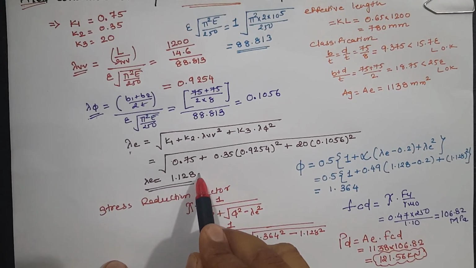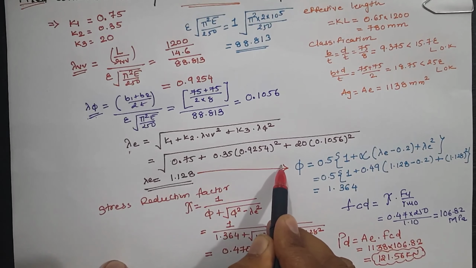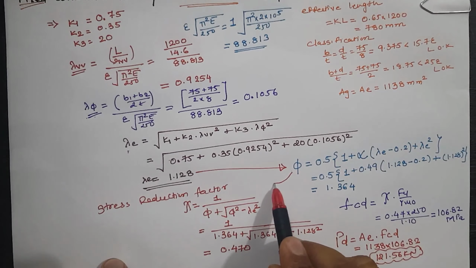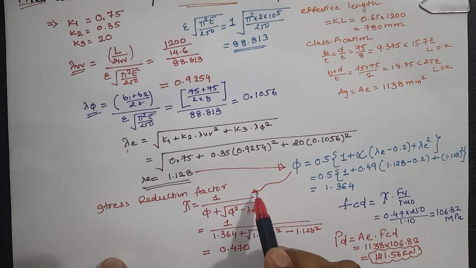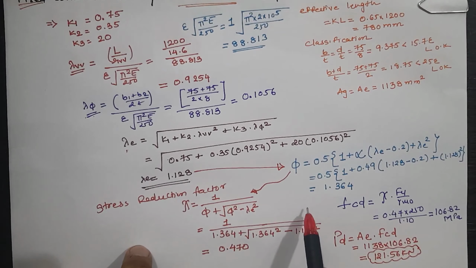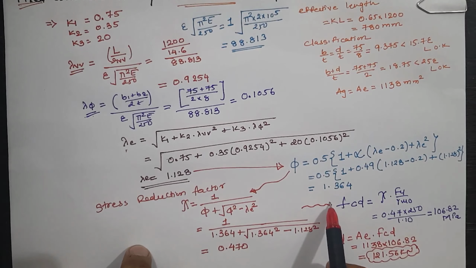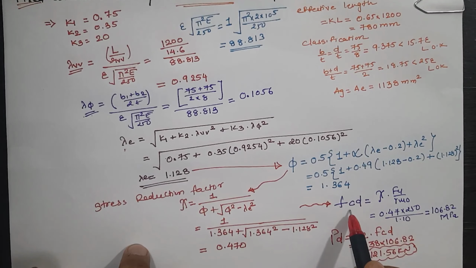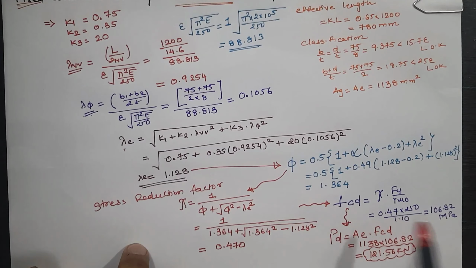After getting lambda E, we find the value of the non-dimensional constant phi. After getting phi, we have the stress reduction factor, and after that we calculate the design compressive strength, and from the design compressive strength we get the design load.